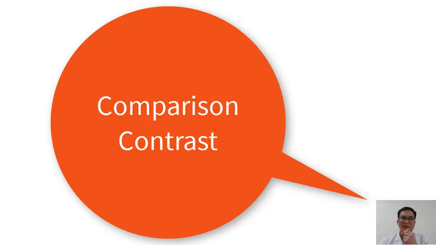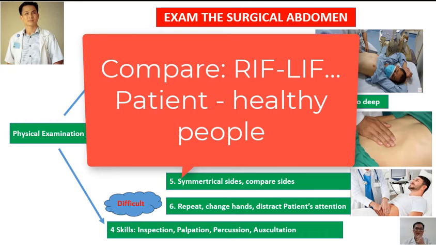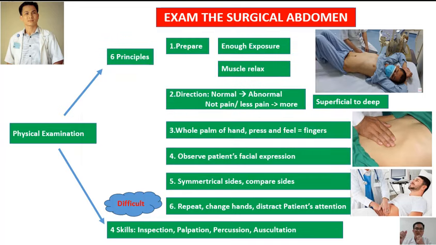And the fifth is comparison. Always compare both sides of the abdomen, and contrast your findings with the normal area and with what is expected in healthy individuals. That helps us in identifying asymmetries or abnormalities.